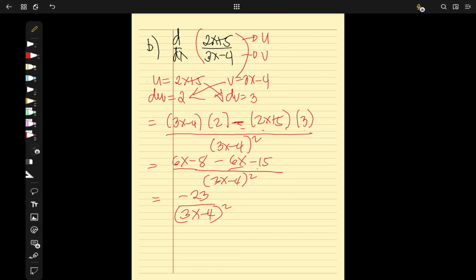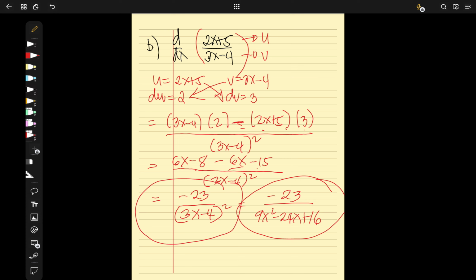Kung gusto mo i-expand dyan, okay lang naman. Well and good. So, we will have negative 23 over 9x squared minus 24x plus 16. And this is your final answer. So, kung the first form lang nakuha nyo, sige, hayaan na natin yan. But when makukuha nyo, well, that's a better answer.